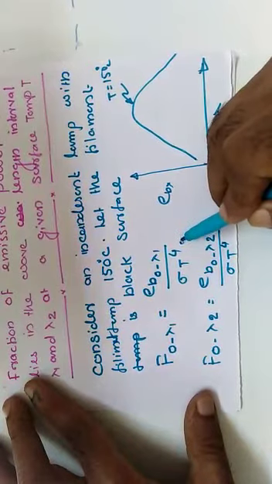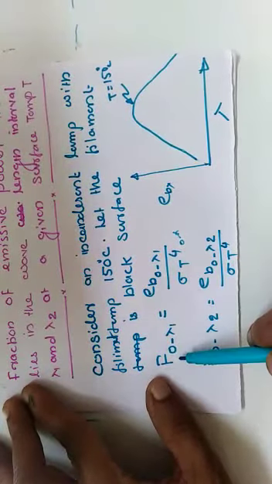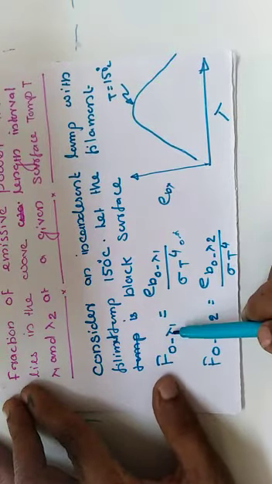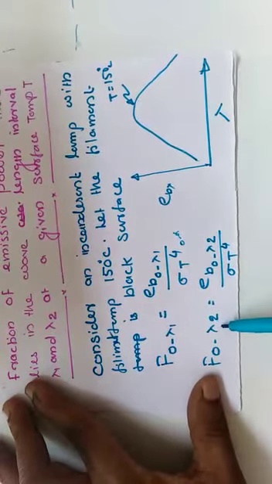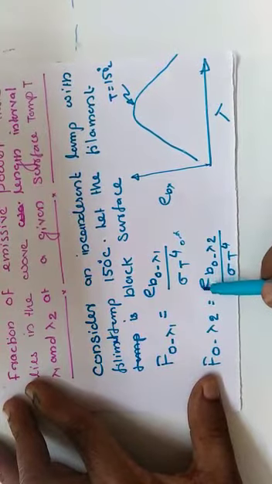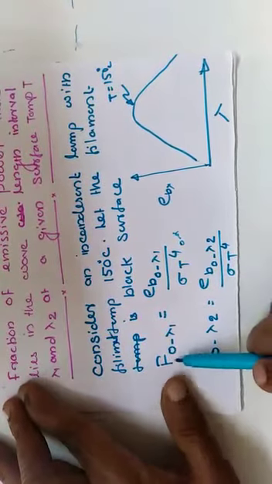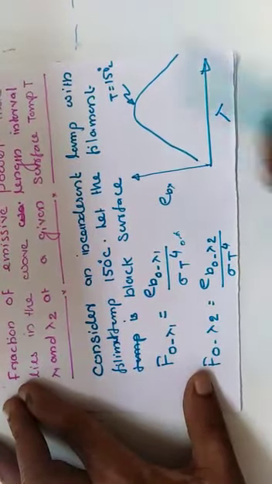This ratio is represented by F0 lambda 1. Similarly, F0 lambda 2 equals the emissive power of the black surface from wavelength 0 to lambda 2 divided by the total emissive power of the black surface. So we have F0 lambda 1 and F0 lambda 2.